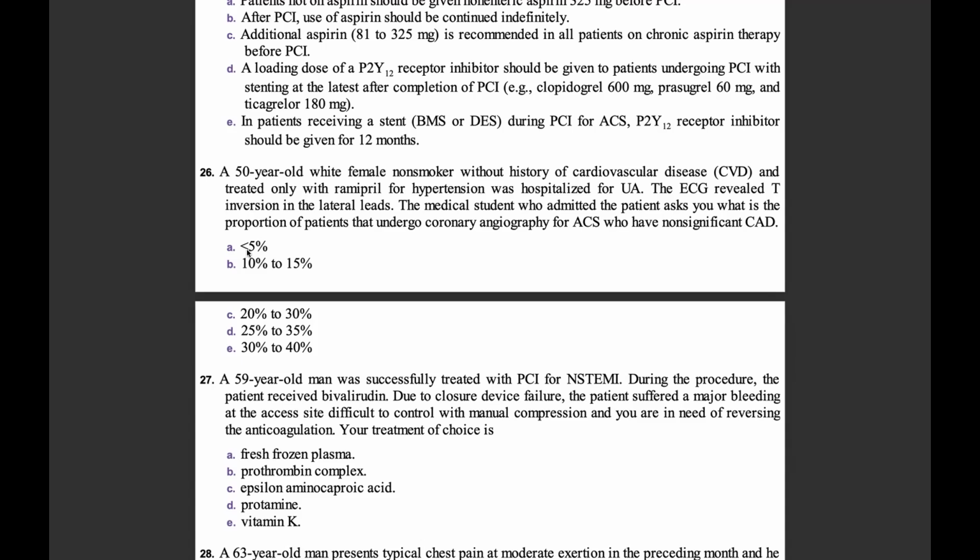So from my research, the proportion of patients who undergo coronary angiography for ACS with no obstructive coronary artery disease, the term referred to as MINOCA, myocardial infarction with non-obstructive coronary arteries, varies. And from my search, what I got was that it's 10 to 15% of the patients that undergo coronary angiography for ACS that do not have coronary artery disease.